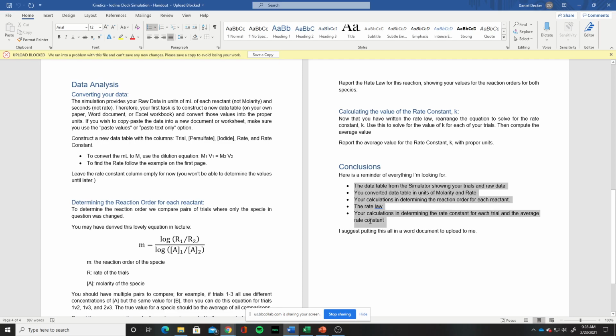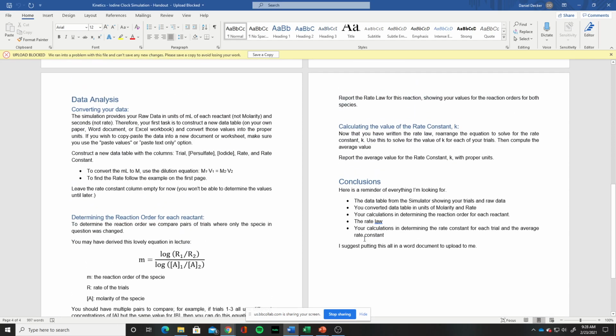This is what I'm going to be looking for in what you turn in to me. So if you're missing any of these things, you're going to lose points, for sure. If you have all of those things, and everything looks fine, there's no mistakes, then you'll get full credit. There can be mistakes made, but at the very least you should have all of these present somewhere in the lab.